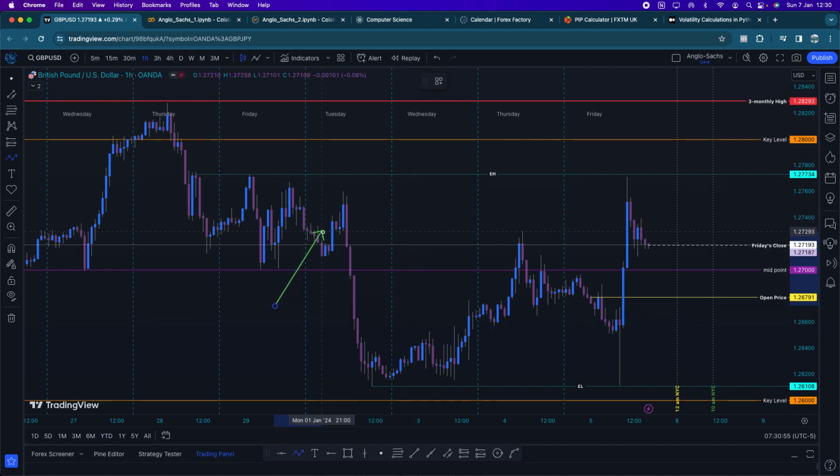So let's just say I was looking to sell this market on Tuesday of last week. Let's just say I wanted to sell this market at the midpoint of this last up close candle, this candle here. So I'm thinking, okay, I expect this market to trade lower, so I'm going to set a buy stop.